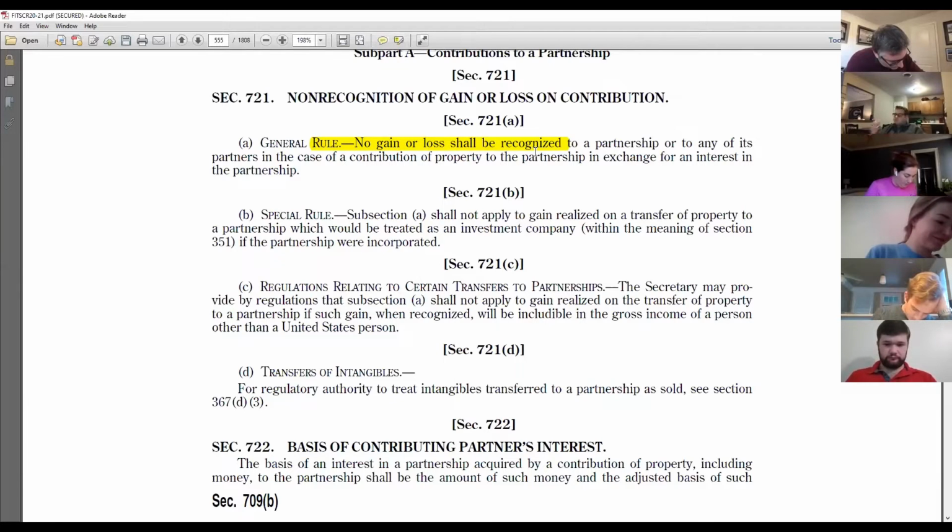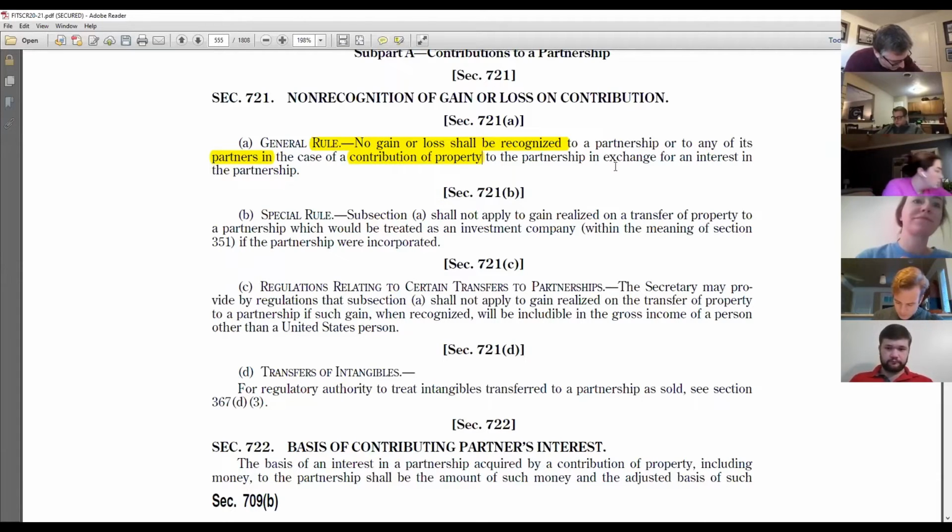But generally, we don't tax entities when they receive capital contributions. But more significantly, or to any of its partners, when property is contributed in exchange for an interest in the partnership. So there you go, no gain or loss recognized.